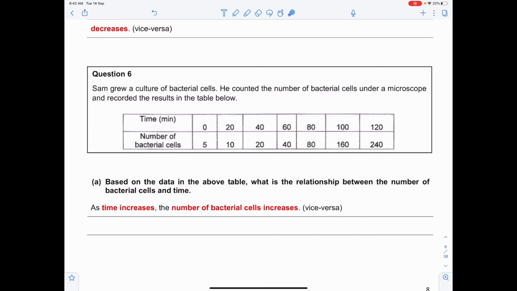Alright? So please go and look at the structure on how you can actually answer this type of question. Very important. Okay? So basically suggest the changes to make it a fair test. So think of things that you can do. Now wherever they ask you to suggest something, it needs to be an action.